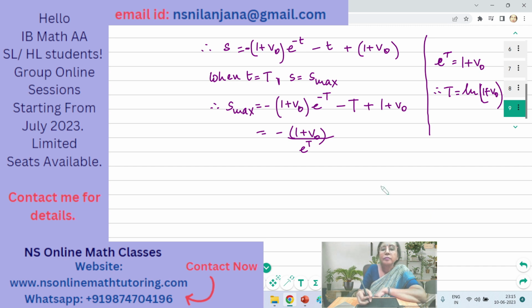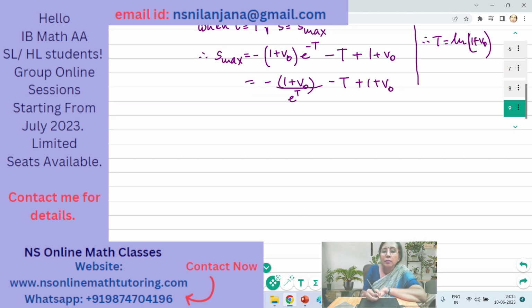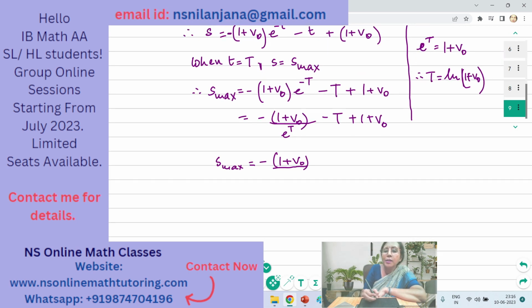Okay. So we will be writing that. Let me write minus T over here for this step. This is S max, equal to negative 1 plus V0 over e to the power of capital T, which was equal to 1 plus V0.